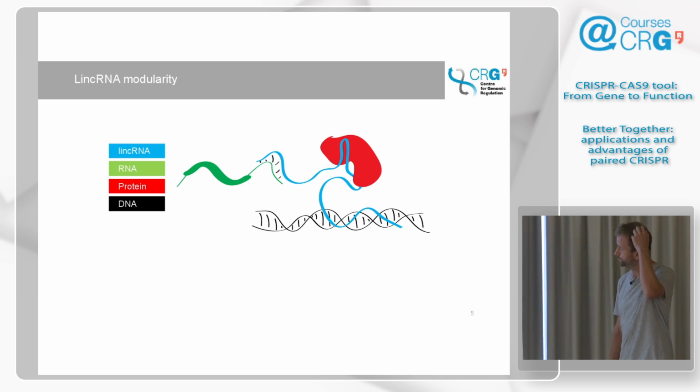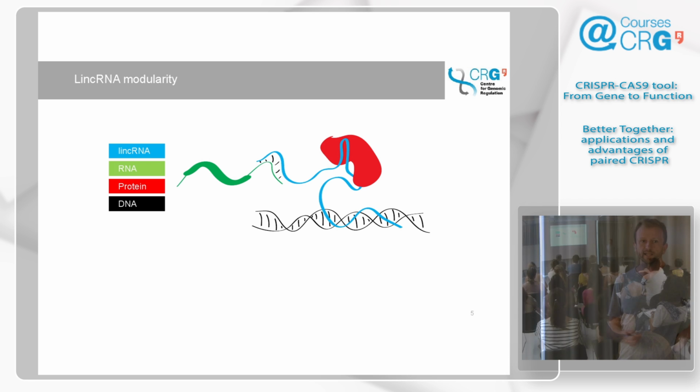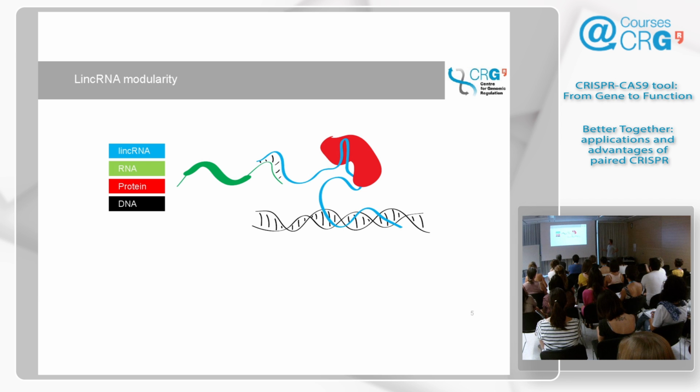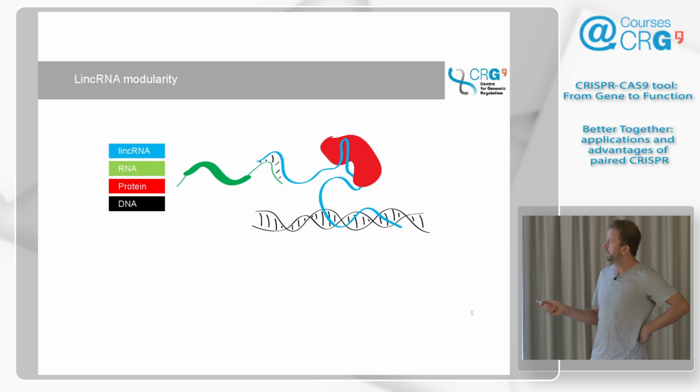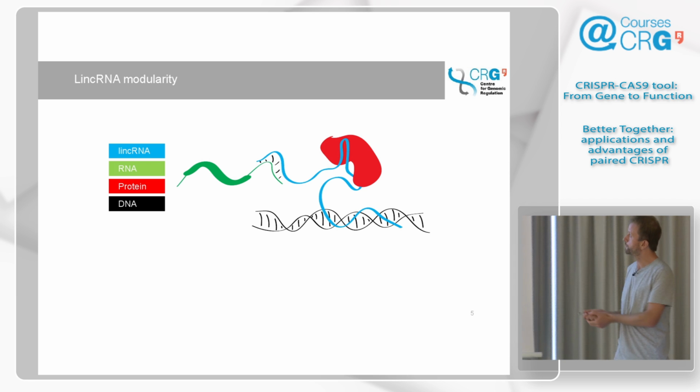And this, of course, raises unique technical problems in trying to knock them out, either with CRISPR or with other methods. So in a single slide to describe what we think link RNAs do, the link RNA here is shown in blue. We think that these things interact with all kinds of other biomolecules in the cell. They can hybridize to other RNA molecules, perhaps regulating their translation or their localization.